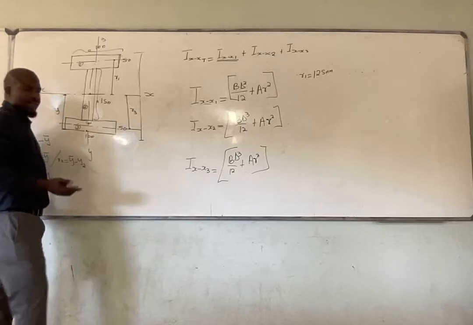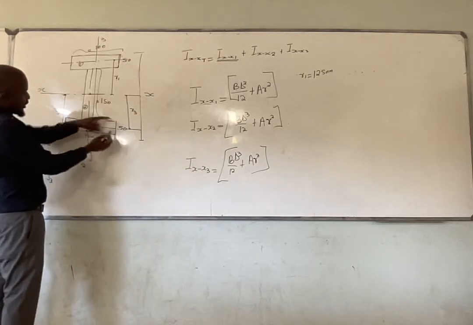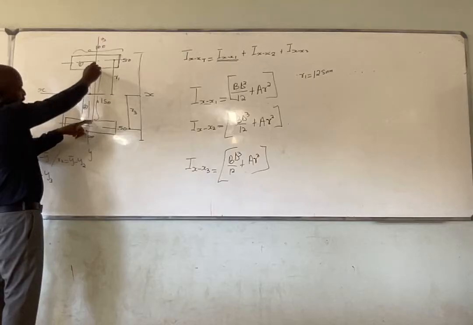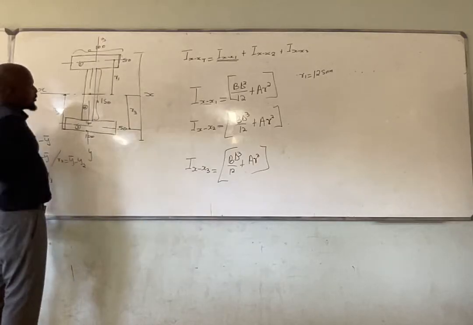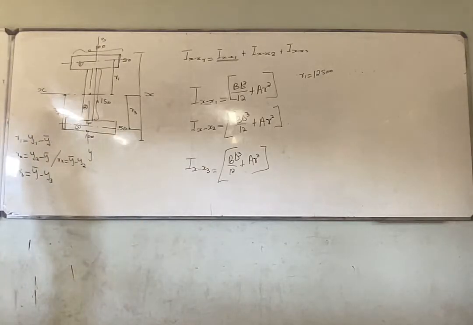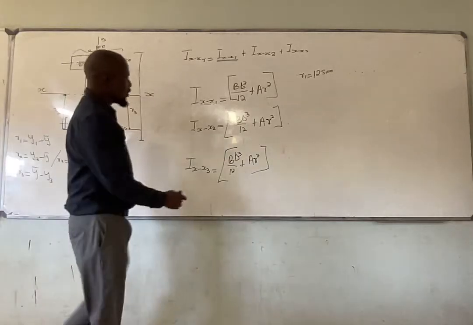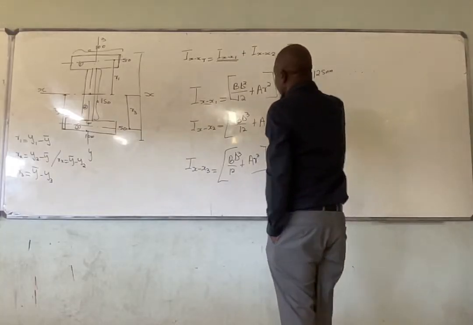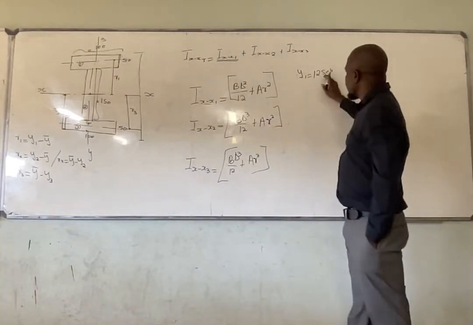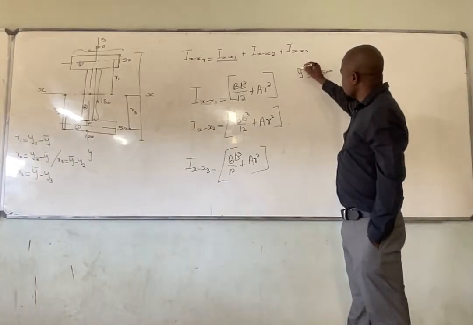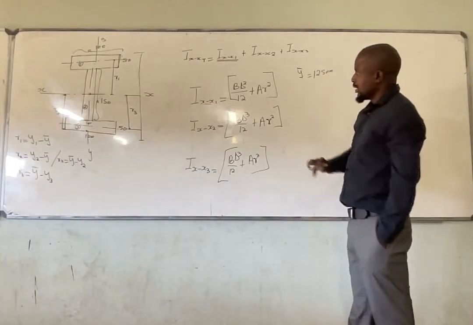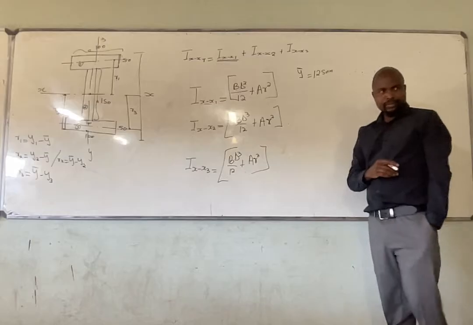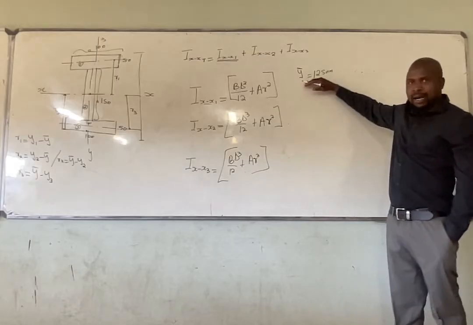You get that part? The total distance we have is 50 plus 150 is 200 plus 50, which will be 250. When you divide it by 2, you get 125. This is y1, not R1, I'm sorry. It's y bar. Yes, I'm sorry, it's y bar. So now we have y bar.